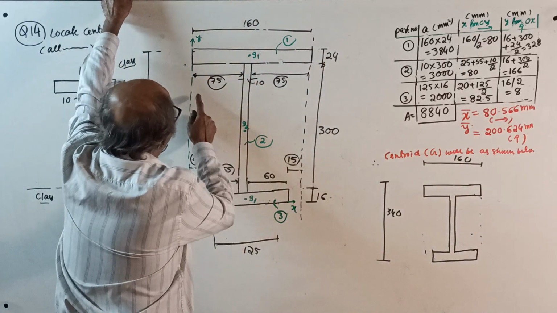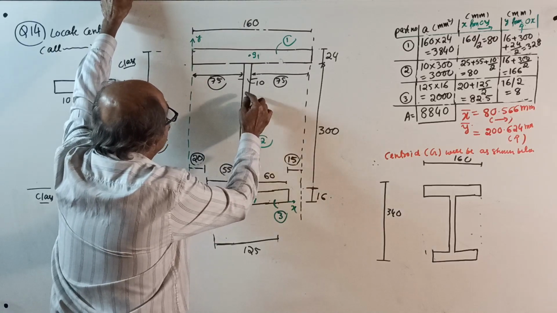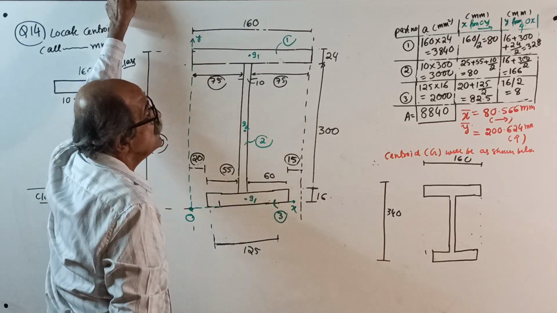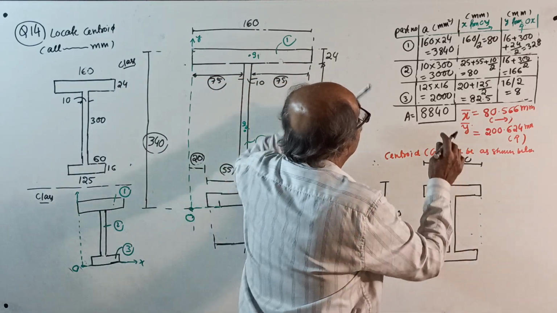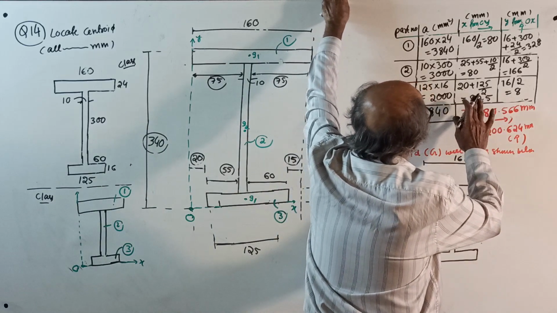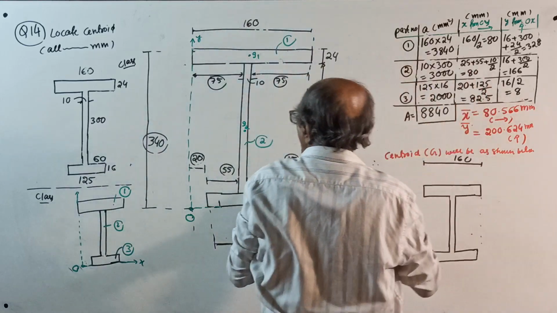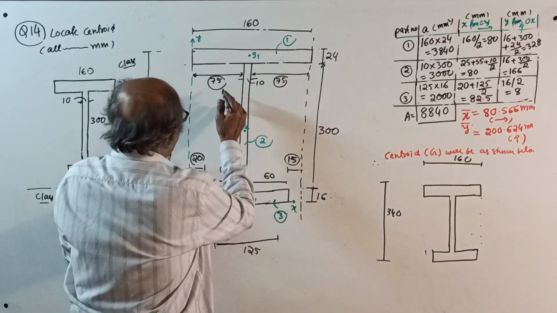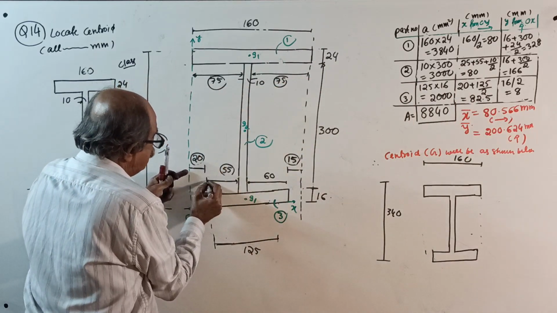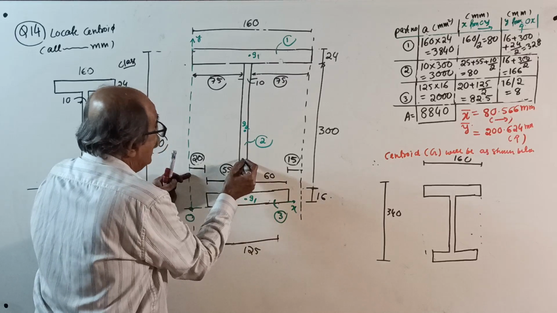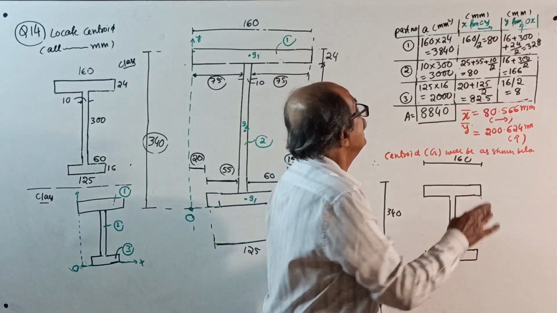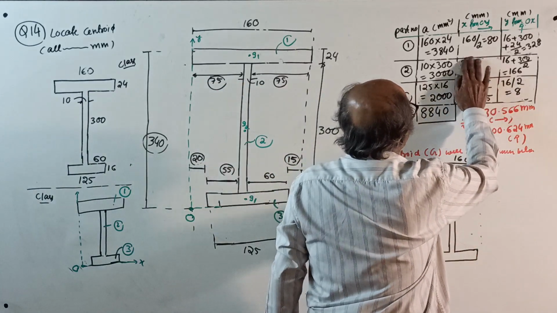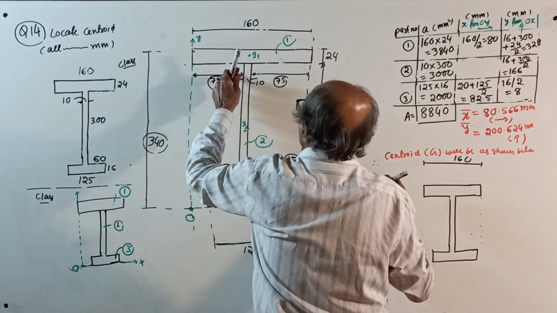G2, see here, 75 plus half of 10. Or you can do one thing: 20 plus 55 plus half of 10. I wrote it that way, but somebody will be laughing: why do you want unnecessary complication? You write 75 plus 10 by 2.